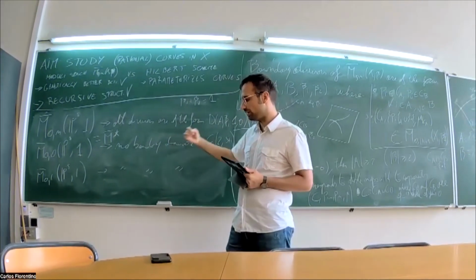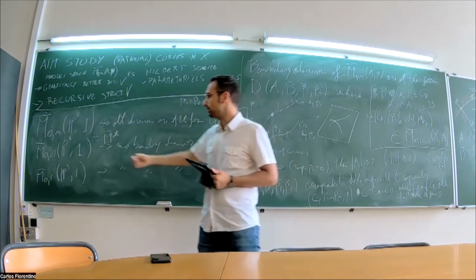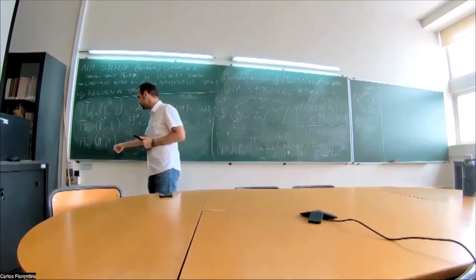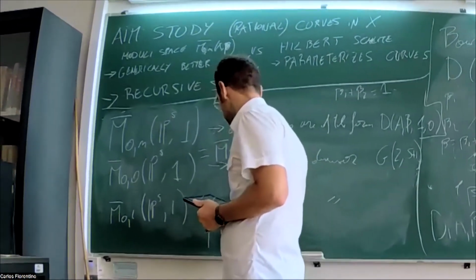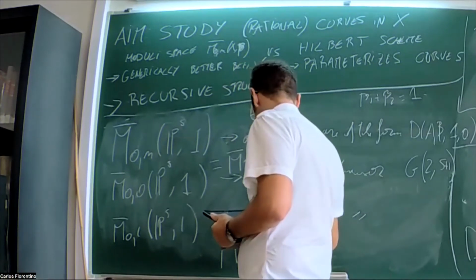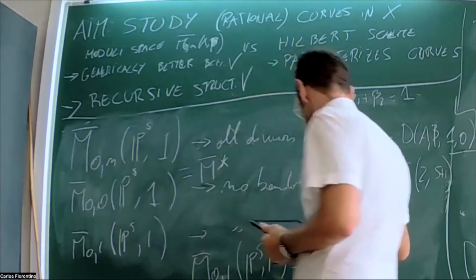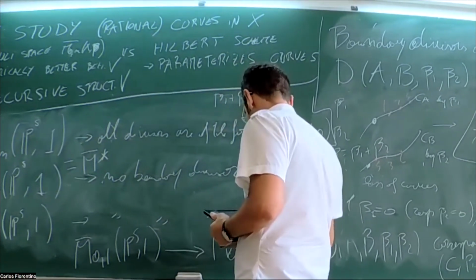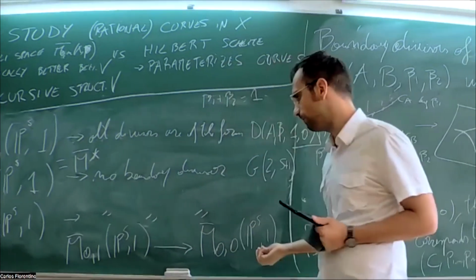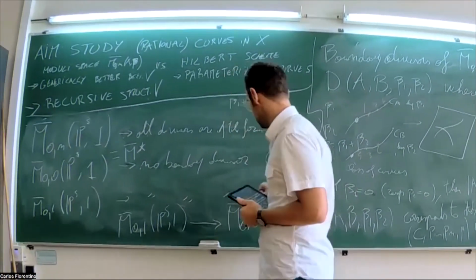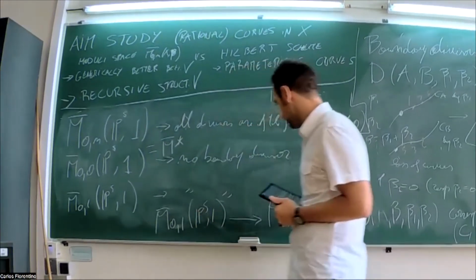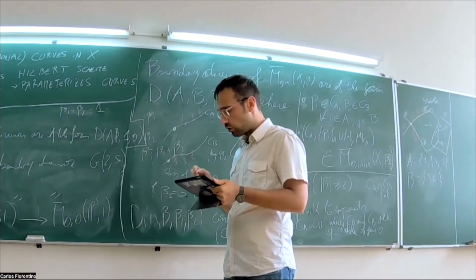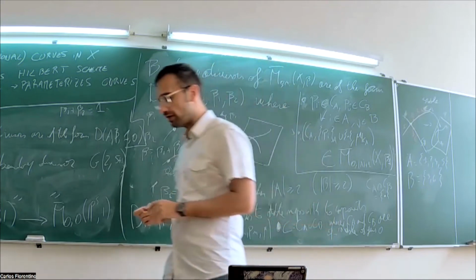Each map must be injective, so all stable maps here are automorphism free. The same holds for this, and if you remember from last lecture, we have a forgetful map which forgets the only mark, and this is the universal family over the Grassmannian. Okay, what happens if I have two marked points?